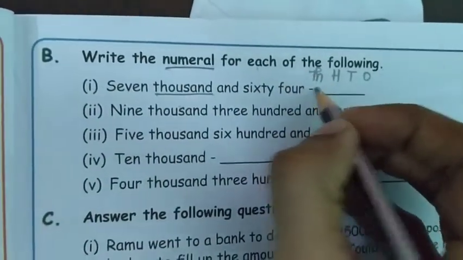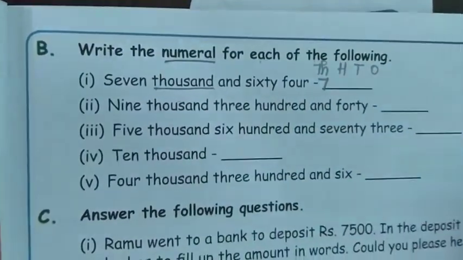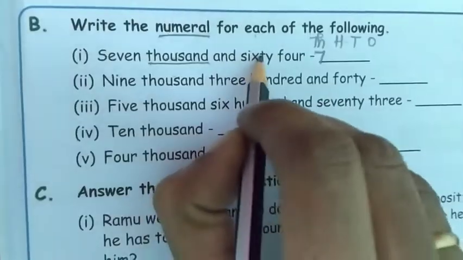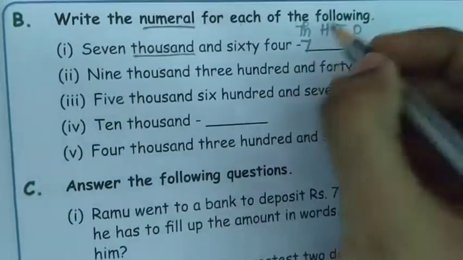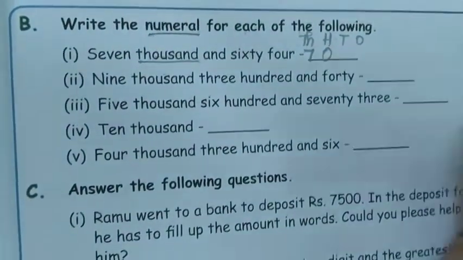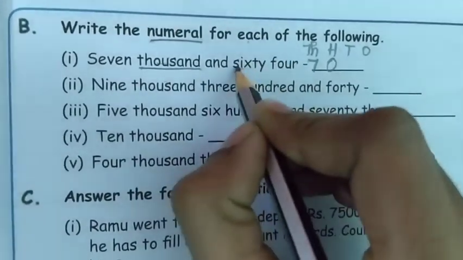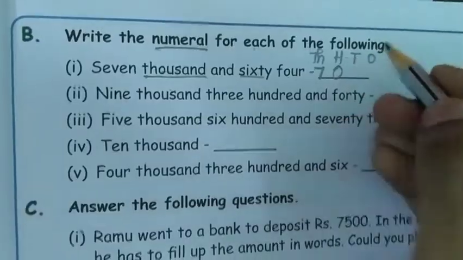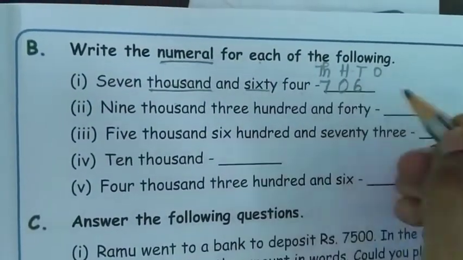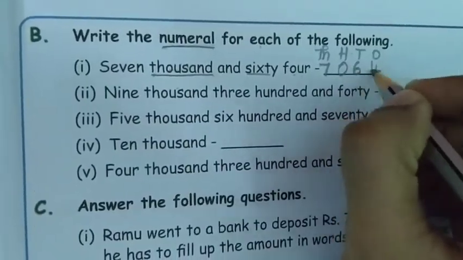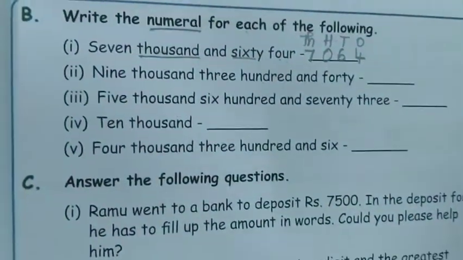So before the 1000 I am putting the number 7. Next, after 1000 comes 100. Here how many 100 are given? There is no 100, so put 0. And 64. 64, the 60 is what? Tens. So 60, I am putting 6, 4. So 6 4 64. Okay, va?